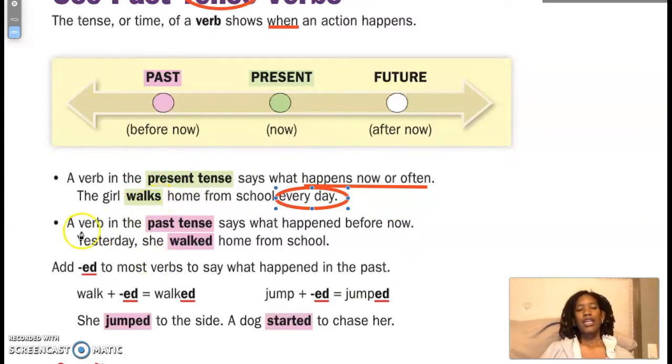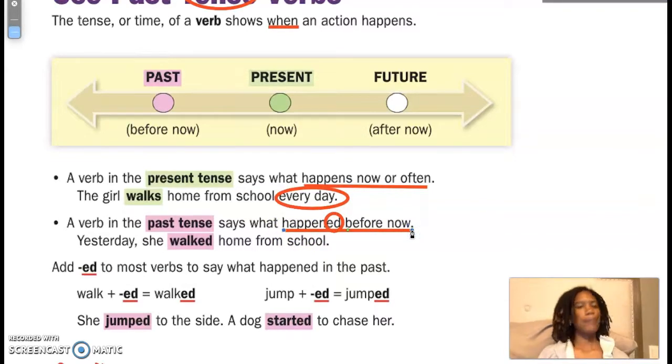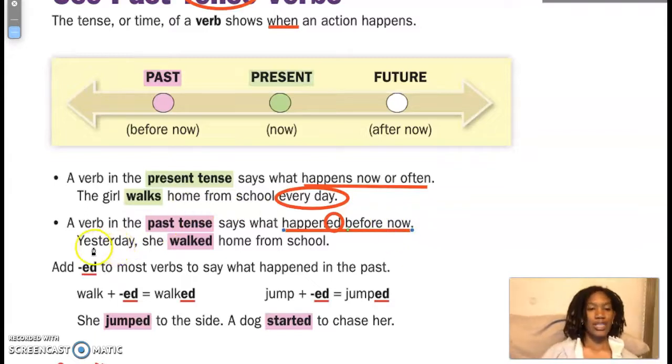All right. Now, let's look at our next one. A verb in the past tense says what happened before now. Okay. So what happened before now? All right. Now let's look at our example.